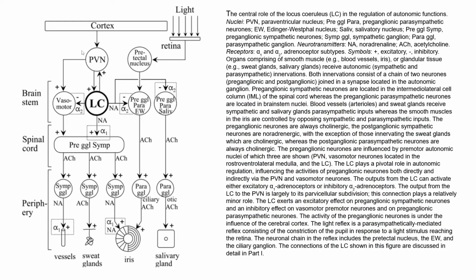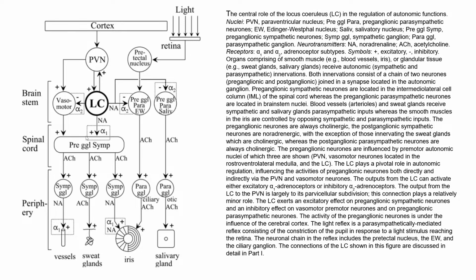Yeah, so cortex, paraventricular nuclei, locus ceruleus, preganglionic sympathetic pathways in the spinal cord, then the sympathetic ganglia, and it goes to the sweat glands and to the iris, probably to the eye actually.